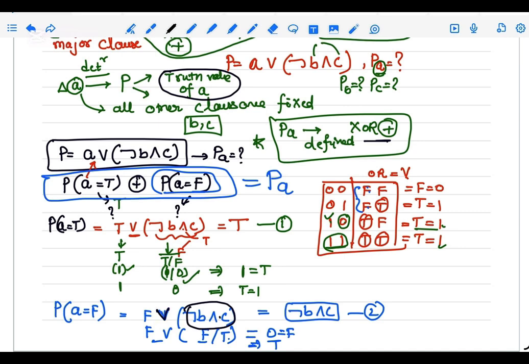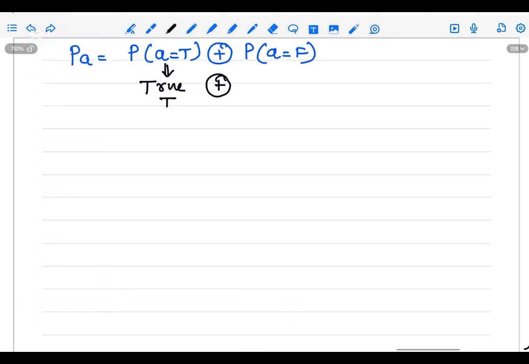If it is false, the result becomes 0. Otherwise, this value only, the output will become this one: not of B and C. Otherwise, you can write this one also, B bar and C. This one is easy, true XOR with not of B and C.